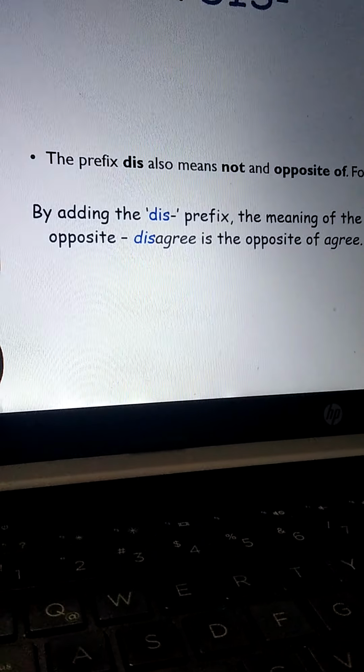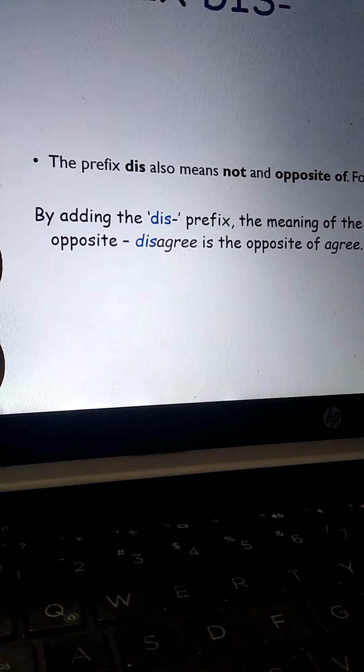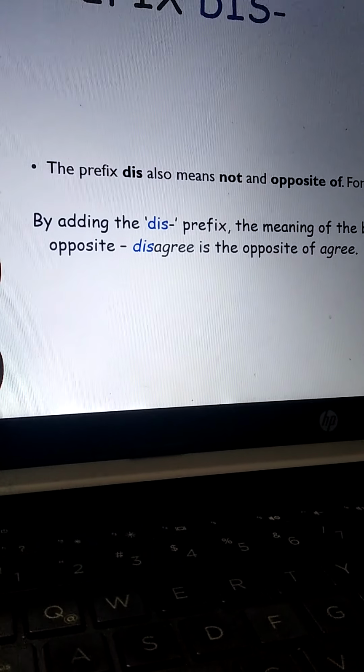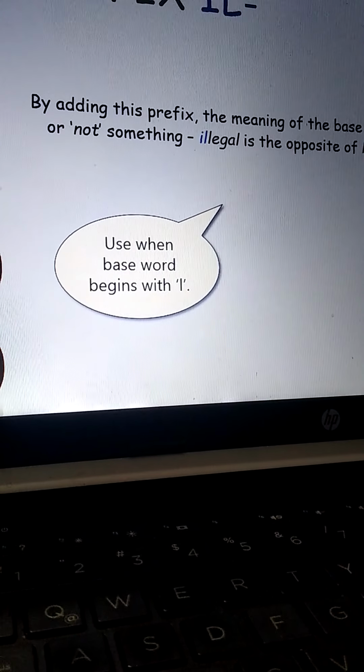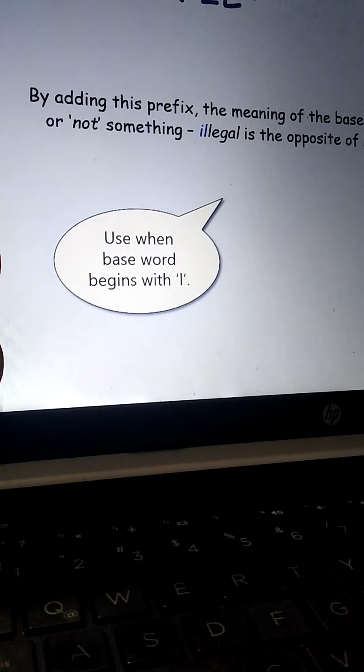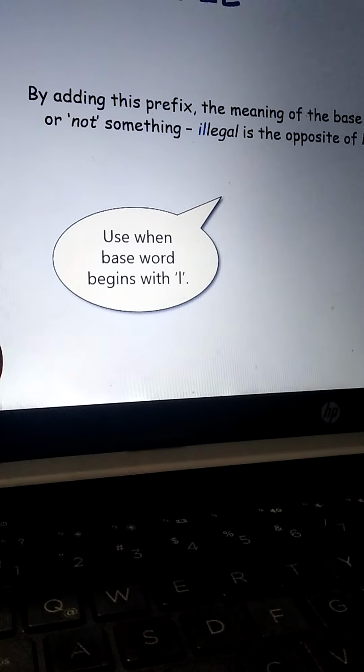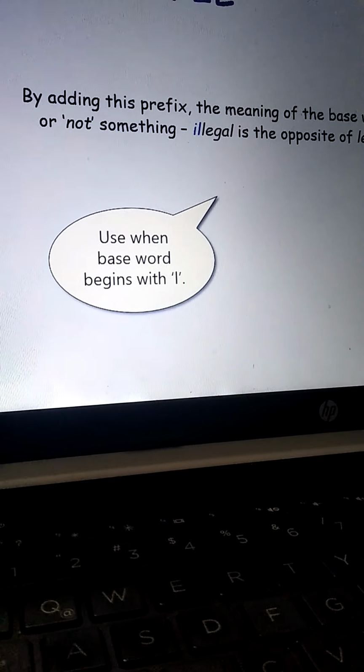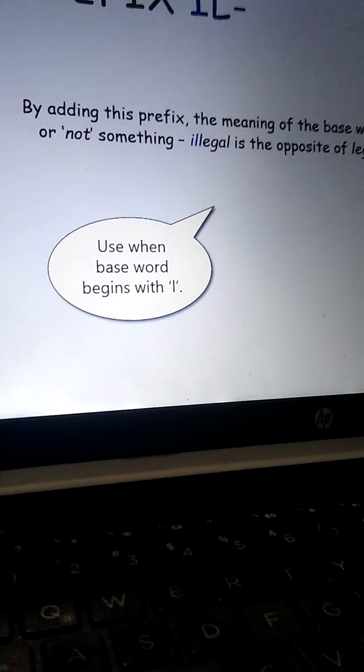So far, so good? Yes. Thanks. Then we have ill. Use it when the base word begins with L, like legal, illegal.